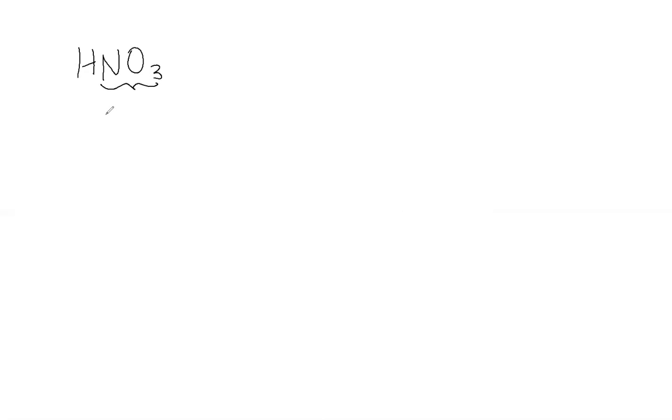So NO3, this is our nitrate ion, which is NO3 minus. So we look at the root of our anion, and then it's an ate ion, so it makes an ic acid. So this is nitric acid. Nitric acid.